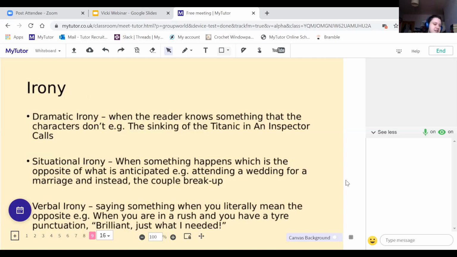And irony, so there are three different types of irony. The one that you're most likely to have come across in your schooling career is dramatic irony. Dramatic is where we as the audience know something, but all characters or some characters don't. The obvious one is the sinking of the Titanic in An Inspector Calls.